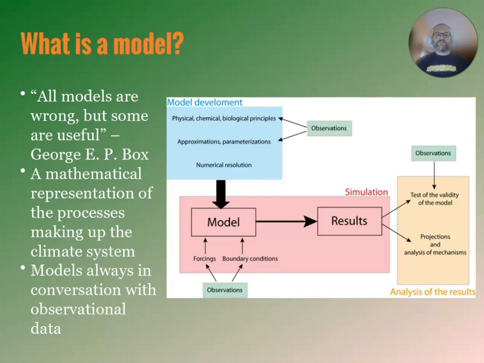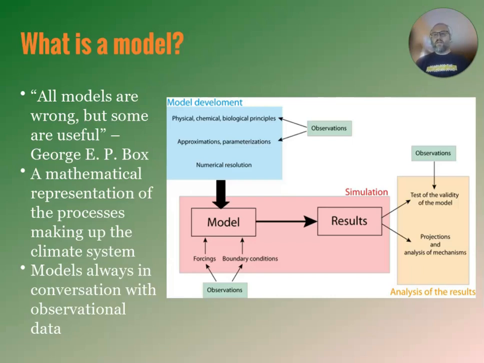So a model, for the purposes of our lesson here, is a mathematical representation of the processes making up the climate system. So we have some understanding so far of some of these key processes that shape our Earth's climate system.